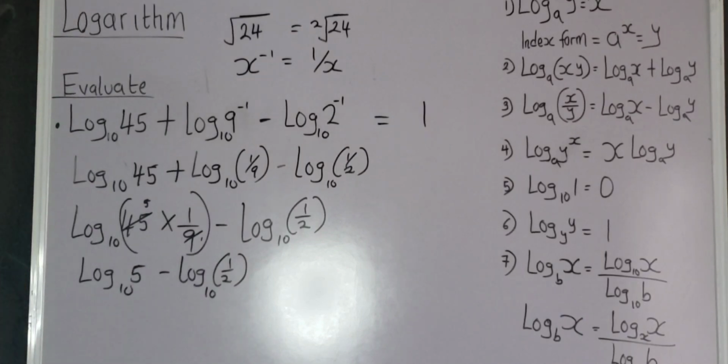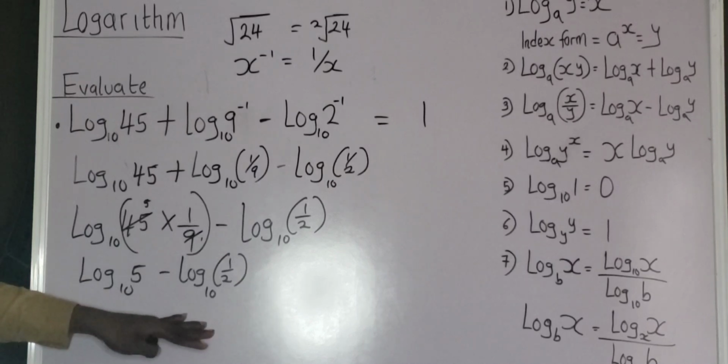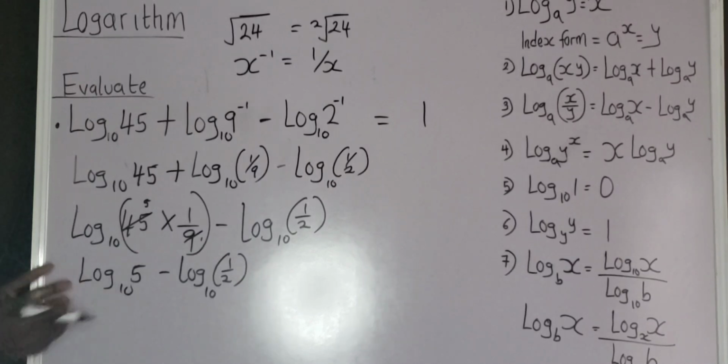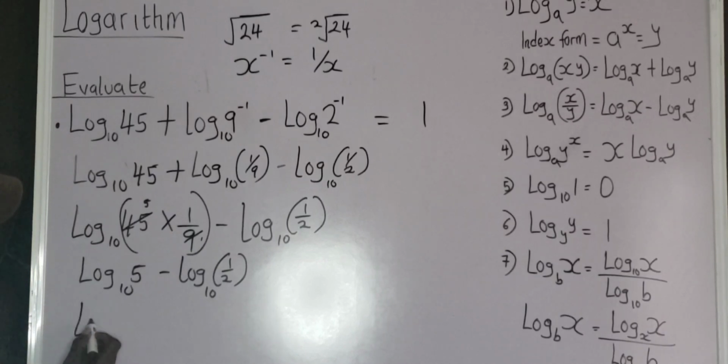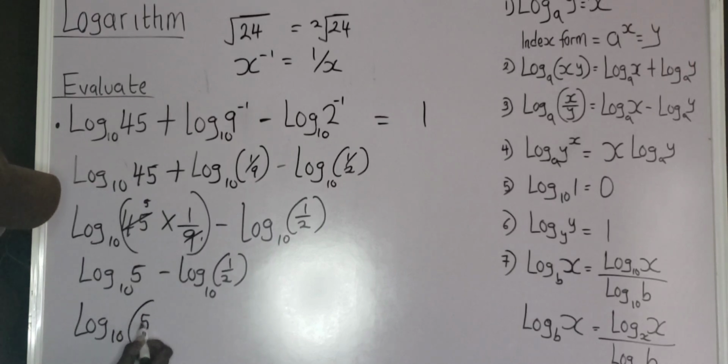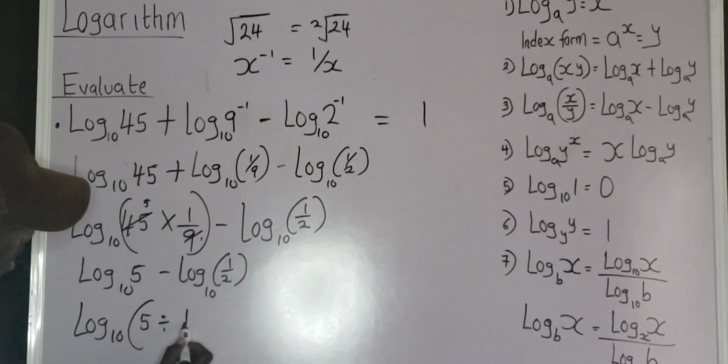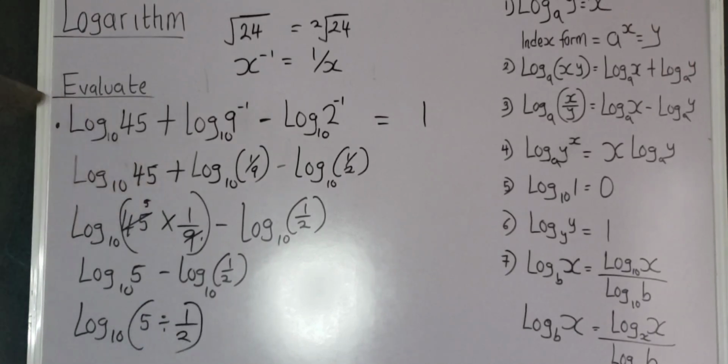Therefore, the difference of logs is the quotient of those logs. But we have the difference here, so the difference of these logs is the quotient, division. So for this, I'm going to have log base 10 of 5 divided by 1 over 2. Do you understand it to this point?